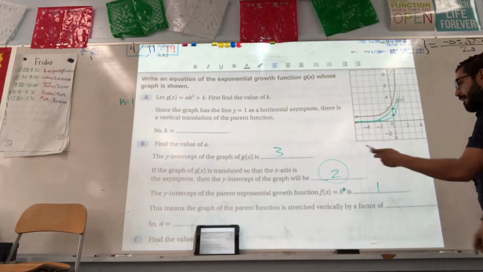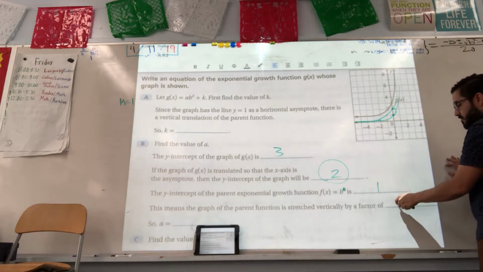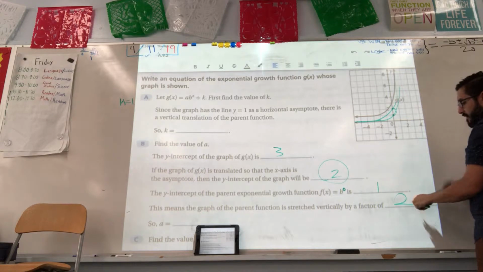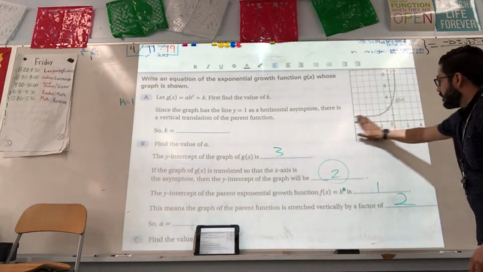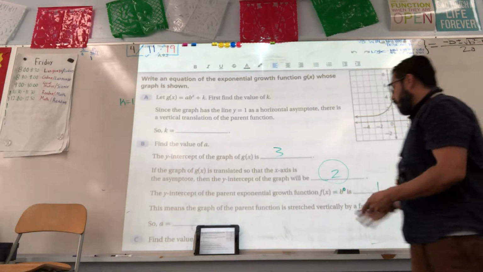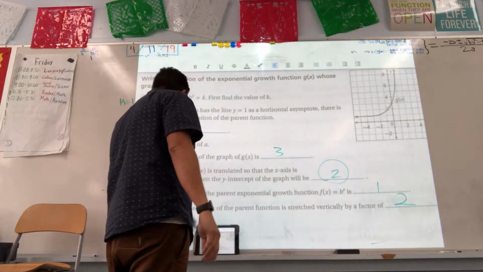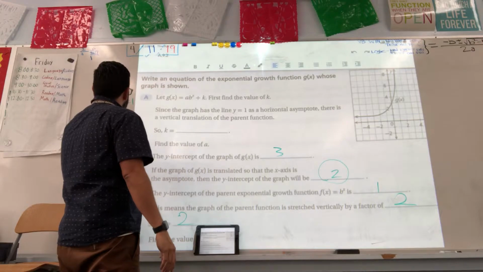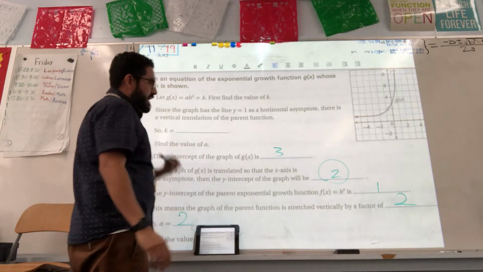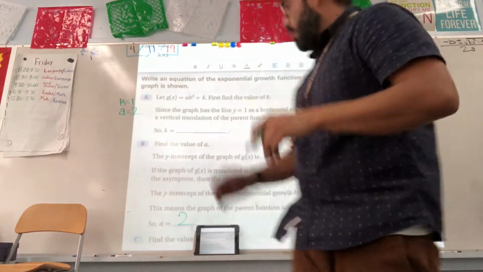So that means that the graph of the parent function is stretched vertically by a factor of 2. And that means that the factor we are multiplying b by happens to also be 2. So k equals 1 and a equals 2. We're almost done.